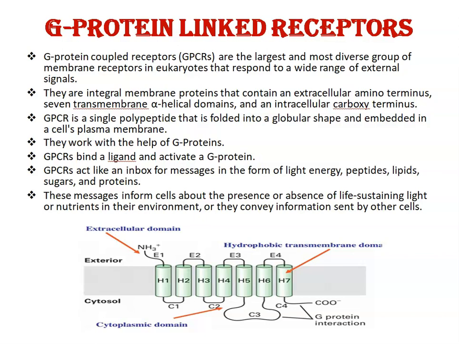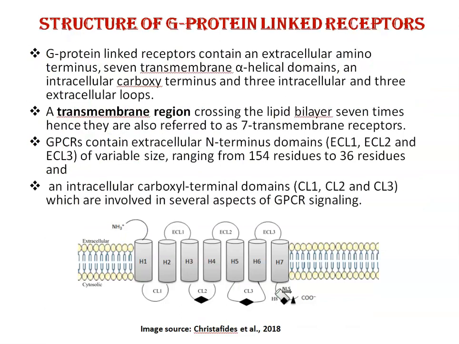So G protein linked receptors act like an inbox of messages in the form of light energy, peptides, lipids, sugars, and proteins. These messages inform the cell about the presence or absence of life-sustaining light or nutrients in their environment, or they convey information sent by other cells. Now, structure of G protein linked receptors.